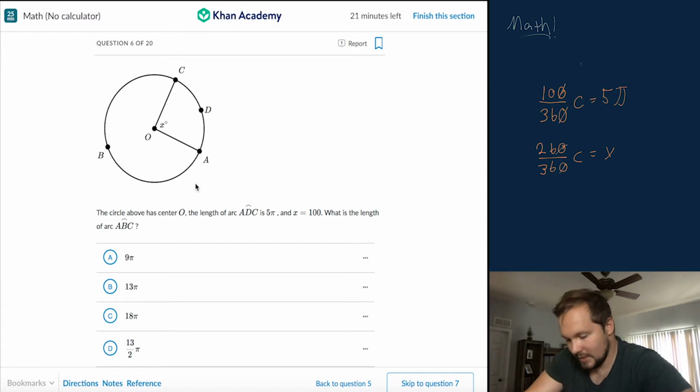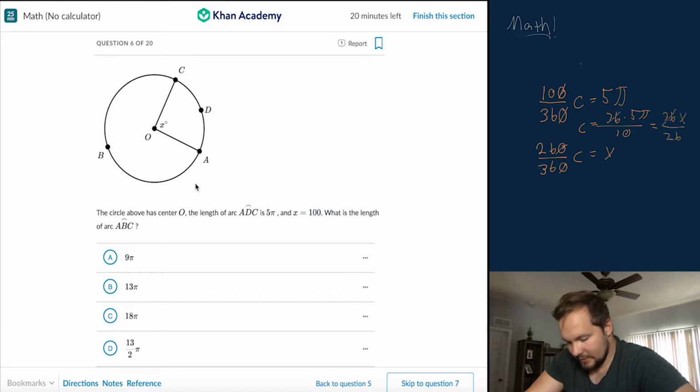So the way that we do that, we can cancel out a 0 in both of these. And I'm going to multiply over the 36, divide by 10. So we get 36 times 5 pi over 10 equals 36 times x over 26.